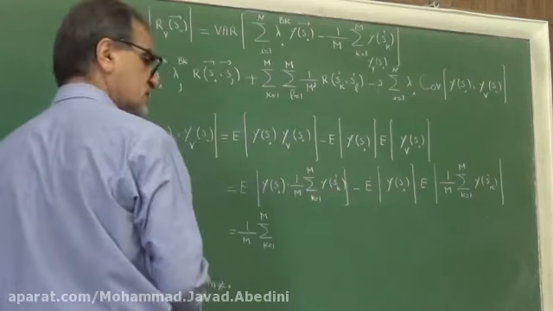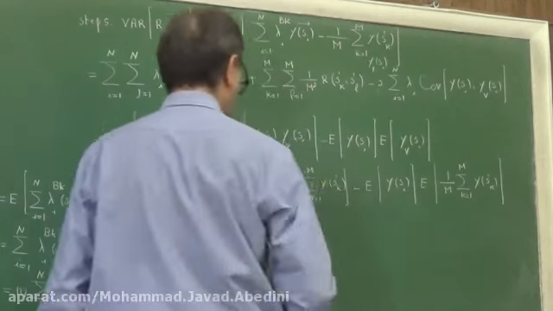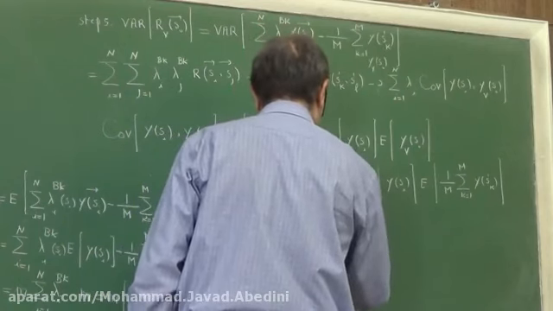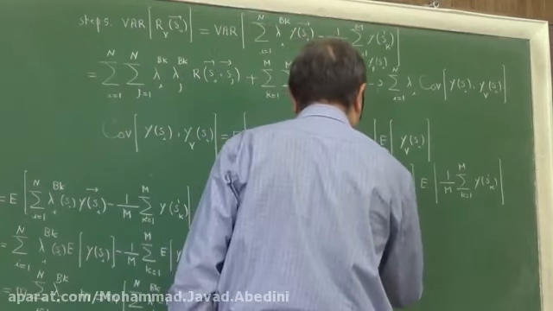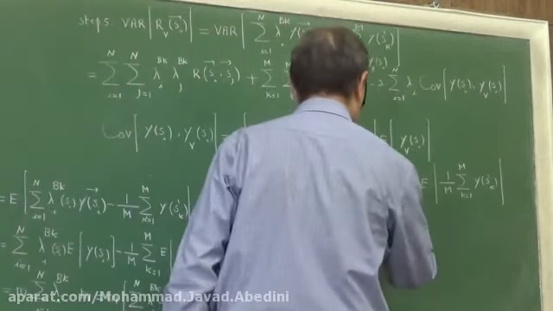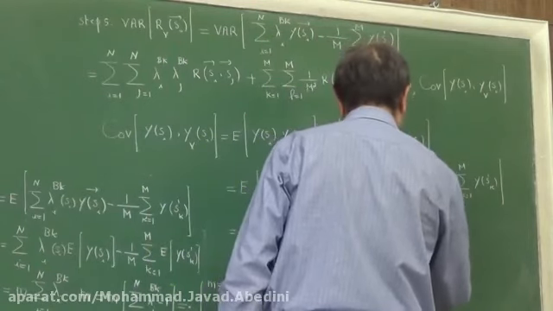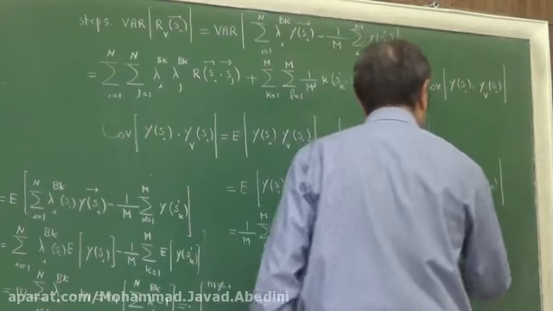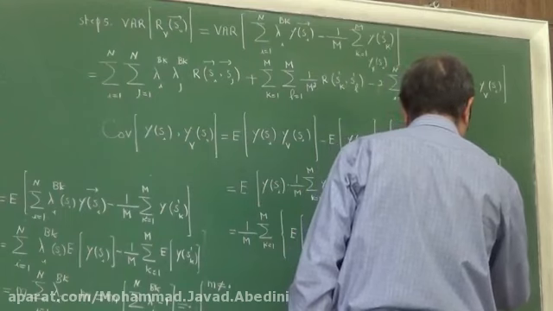I factor out this because it's coming in both terms, and then I can write this expected value of, minus expected value of y at Si, expected value of y at s prime of k.